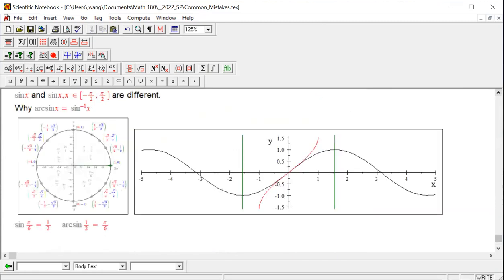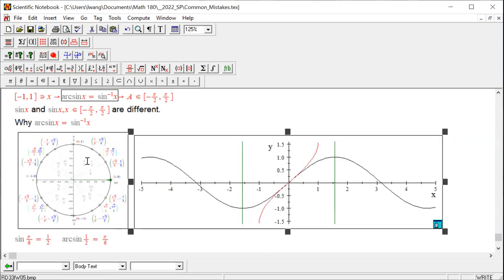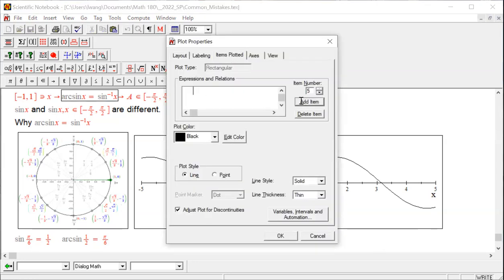Now, why arc length? Once again, when we were graphing for pi over 6, this point, we graphed that and said pi over 6. So I'm going to graph this point, pi over 6.